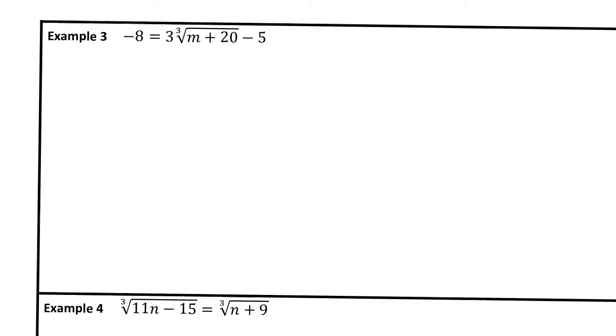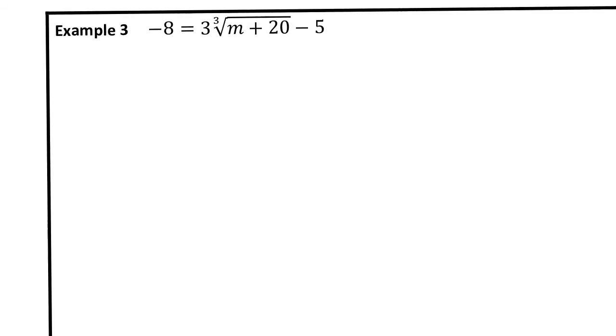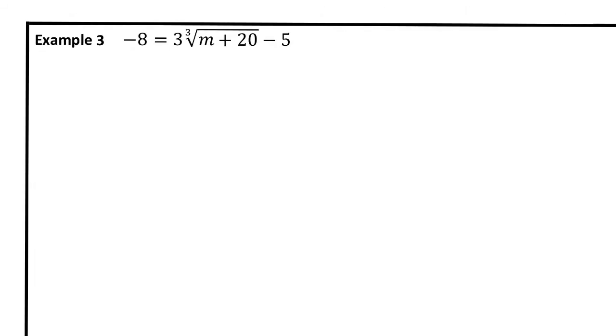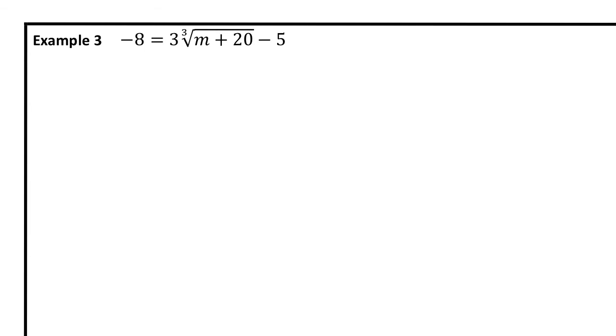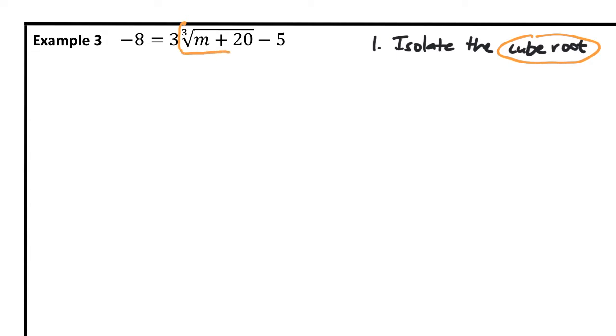Let me zoom in here. Okay, so step 1, isolate the cube root. The cube root is right here, and I want to get that by itself.